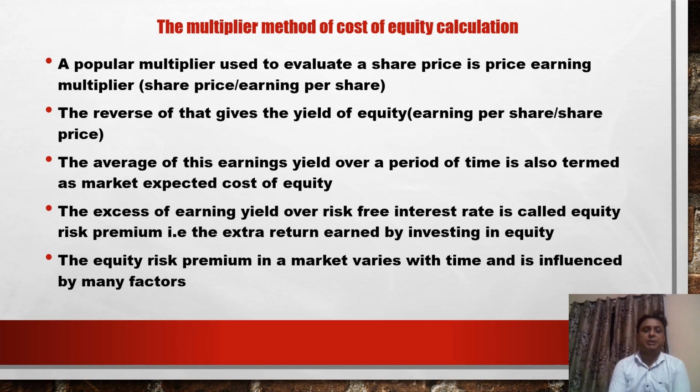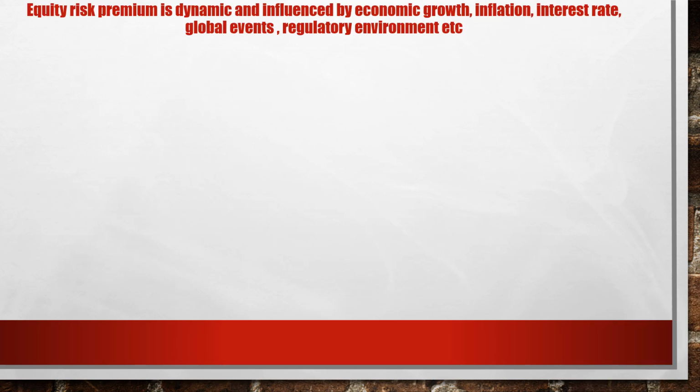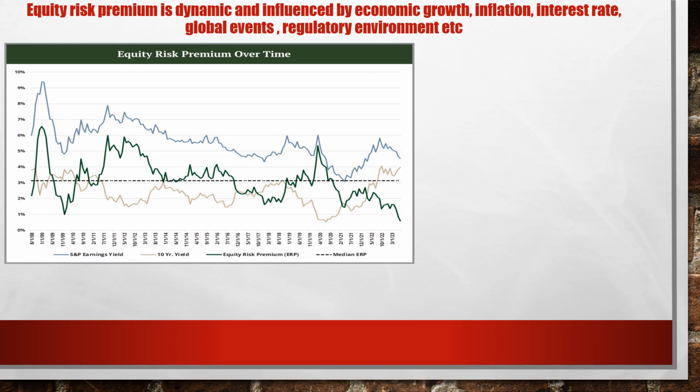Thus, the equity risk premium in a market varies with time and is influenced by many factors. The equity risk premium is dynamic and influenced by economic growth, inflation, interest rate, global events, and the regulatory environment. The graph depicts the earning yield of Standard & Poor's from the year 2008 to 2023.